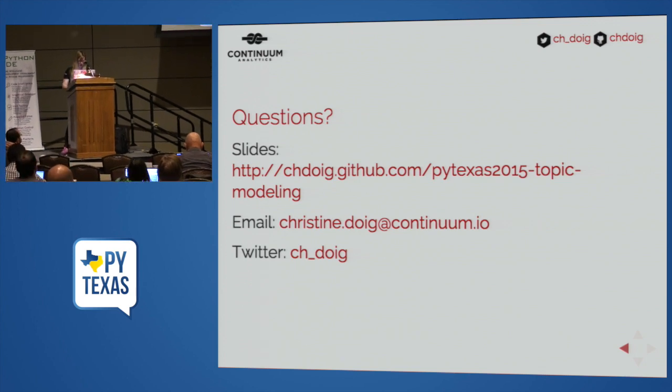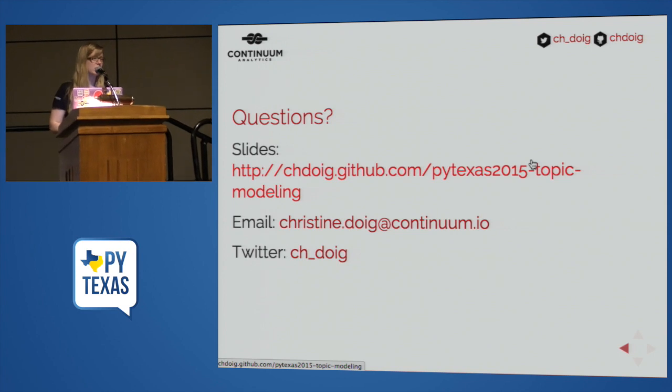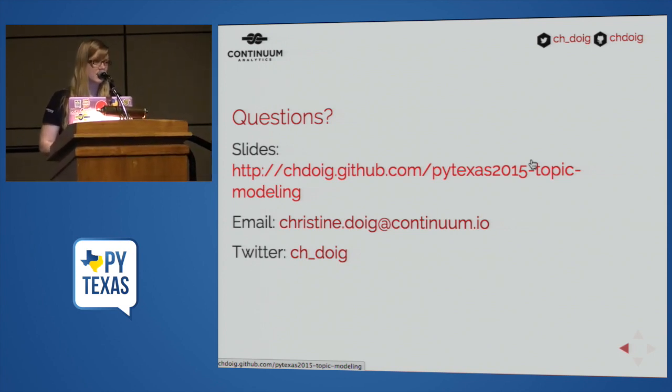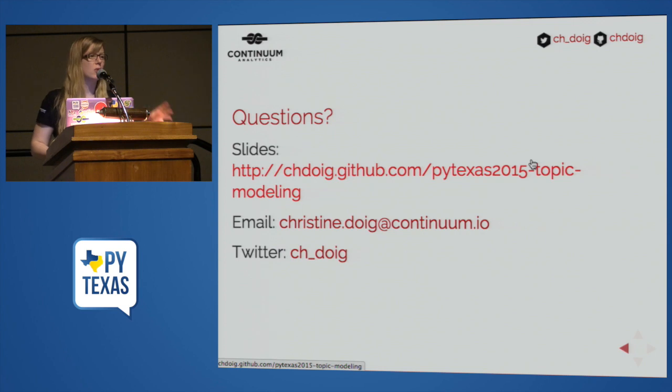So we did try others. There's LSI, in some implementations called LSA, which stands for latent semantic analysis. That was the first model that was used broadly, but it has some issues with finding topics that relate to one another, at least in our results.